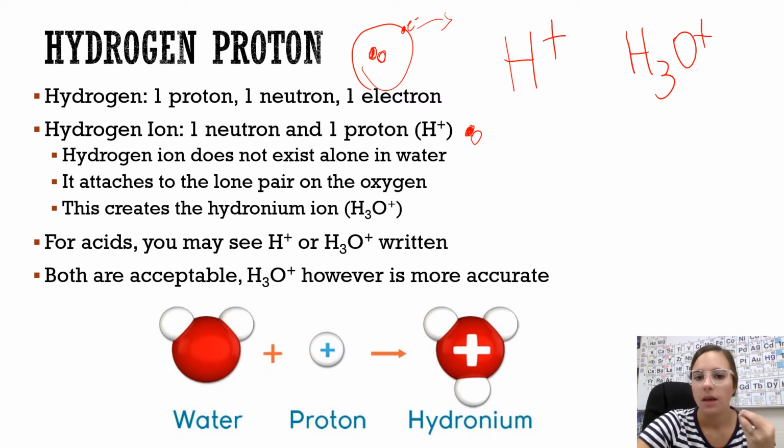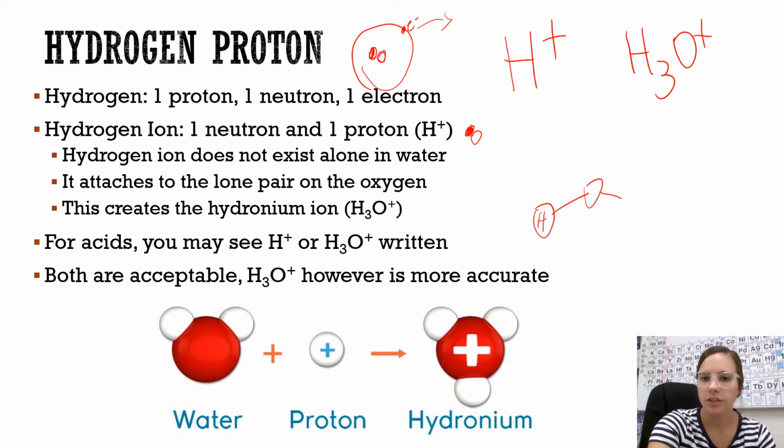Neutrons are neutral. And if we think about water, water is extremely polar. And oxygen is very electronegative. What I mean by that is oxygen really likes to pull things towards it.